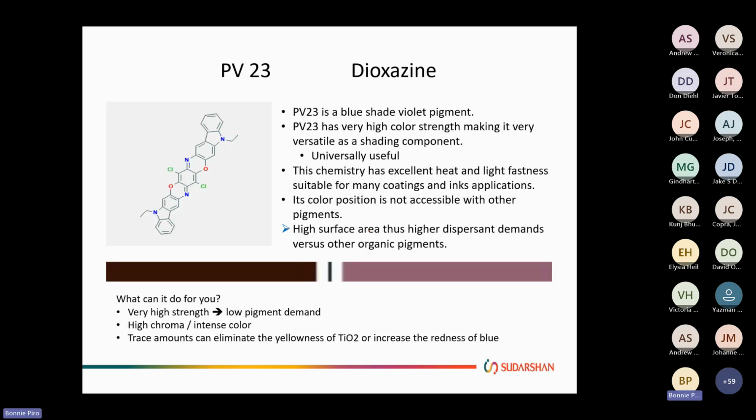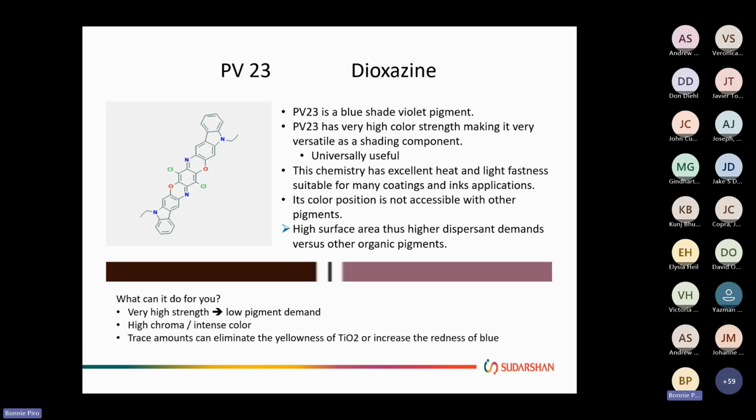The Violet 23 is a very unique pigment in terms of its shade. It's unique enough that it is very difficult to get to that actual color space with other color pigments. So a lot of times it might be a requirement to use it to get to those spaces.